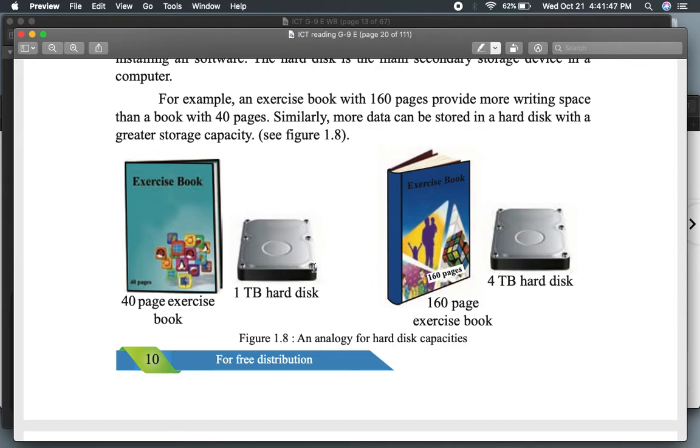So the 1 TB hard disk and the 4 TB hard disk, which one would store more data? If you thought it's the 4 TB hard disk, then you are right, because it has a higher capacity, 4 times as high as the 1 TB hard disk.